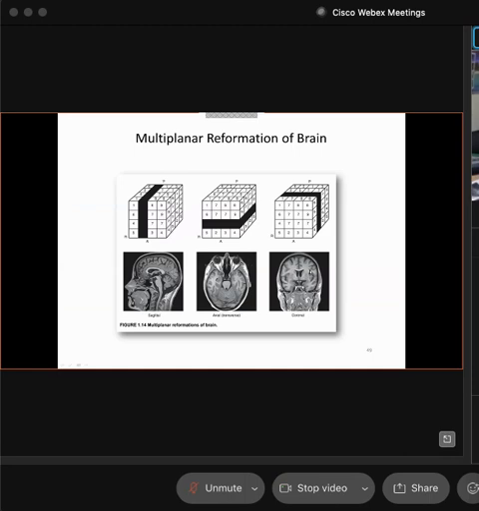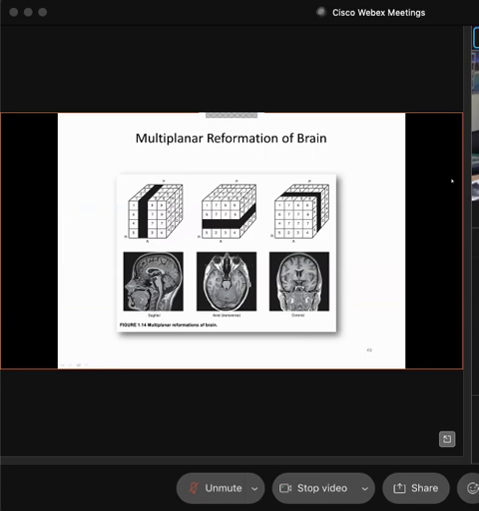Reconstruction of the images in coronal or sagittal has to take place by a mathematical algorithm. So there's a lot of math going on in cross-sectional imaging, formulas called algorithms that are used to reconstruct coronal and sagittal images from an axial image.